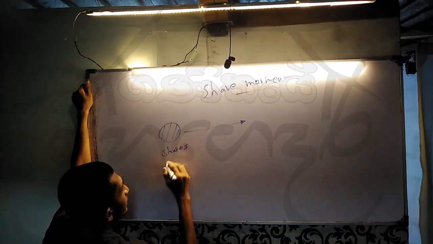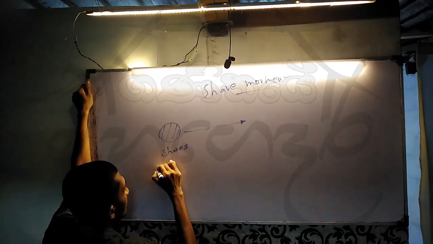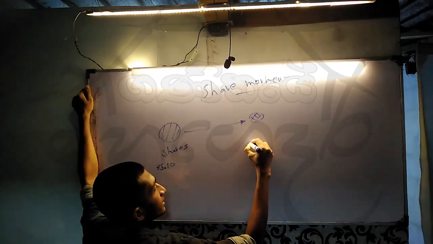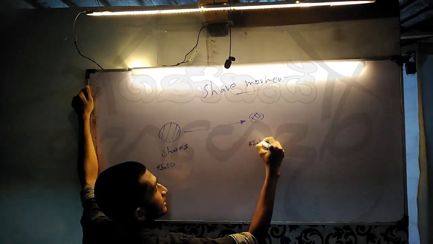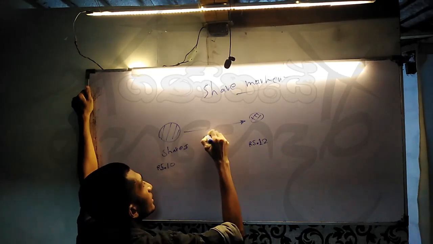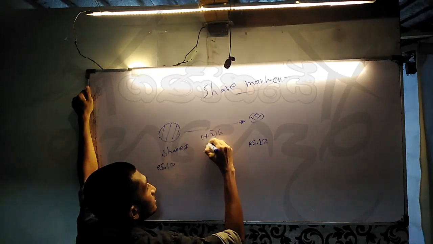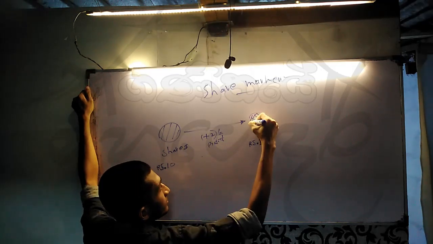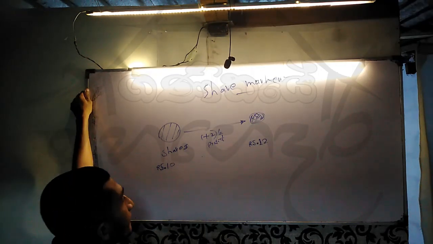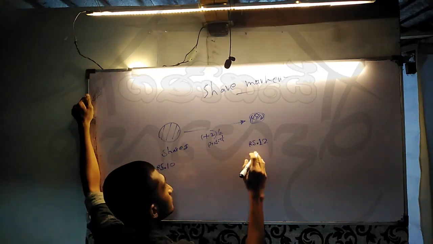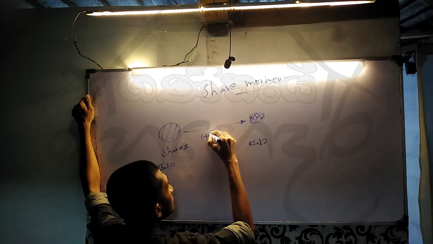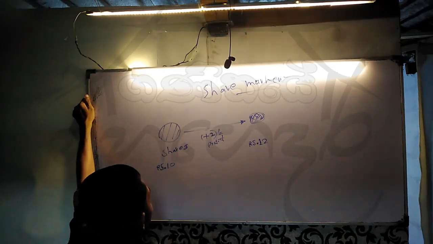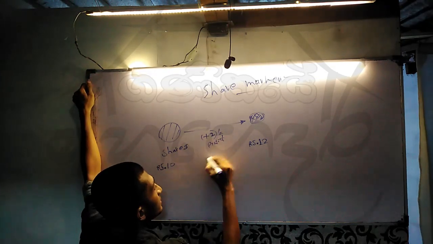You can buy it for 10 rupees, and after that you can sell it for 12 rupees. And you can earn 2 rupees of profit by using this trade. We know this procedure as capital gain.